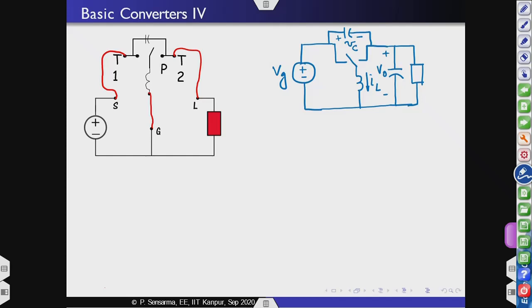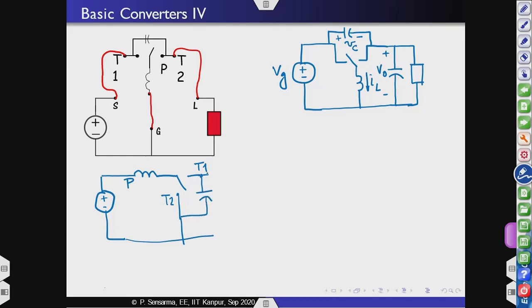So, just to make sure that we do not have any confusion, that would be P. And this is one of the possible configurations.